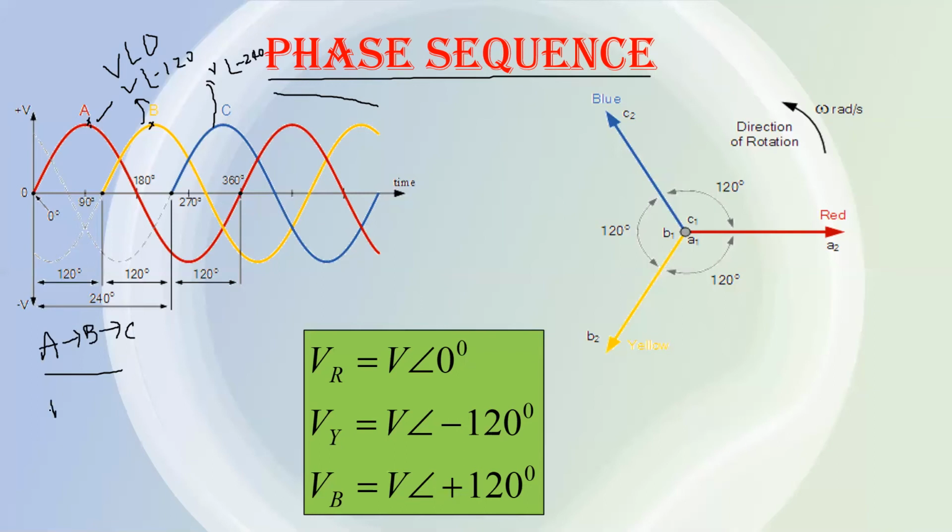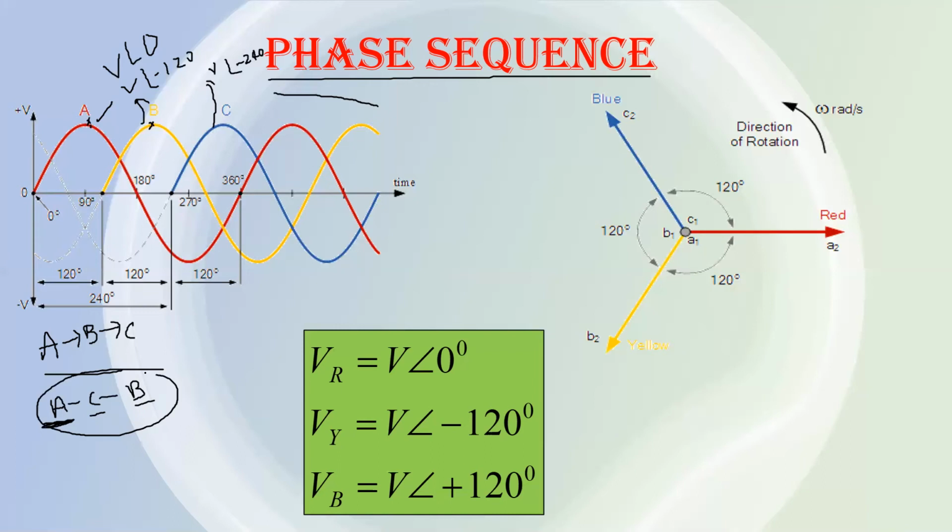And if the phase sequence is ACB, it means the maximum value of A will reach first, then the maximum value of C will be achieved, and then the maximum value of B. So this is the meaning of phase sequence ACB. In a three-phase system, there are only two phase sequences.